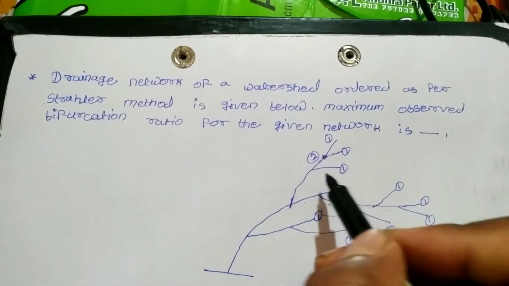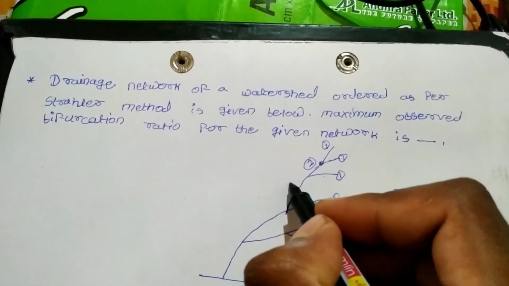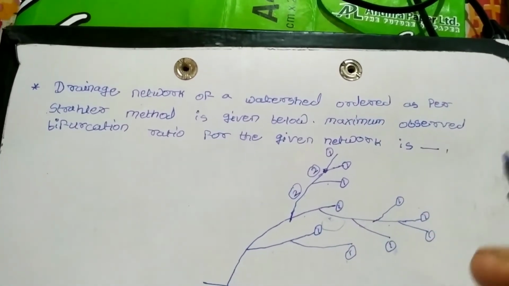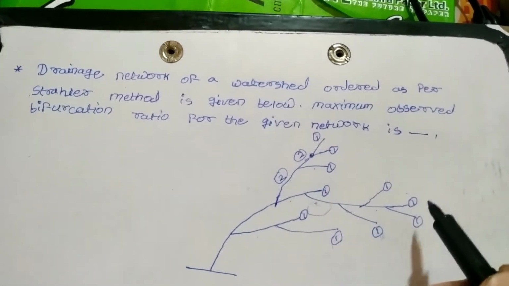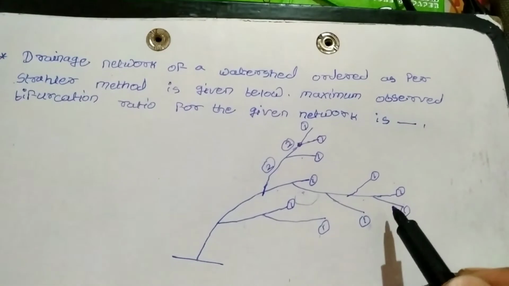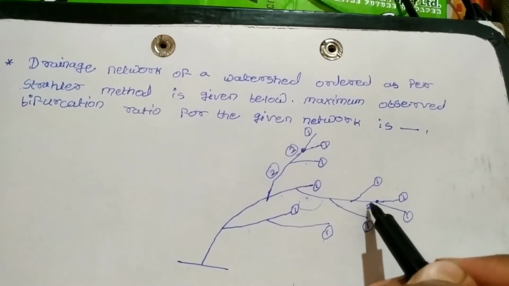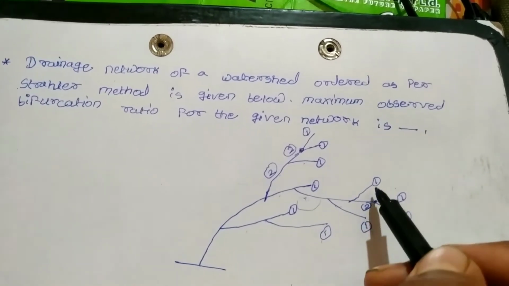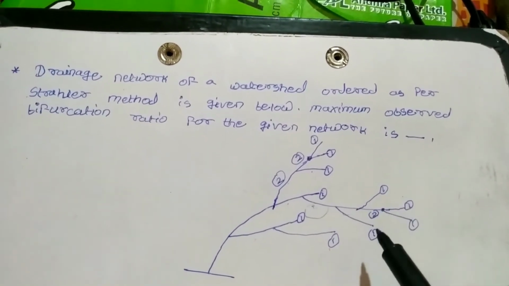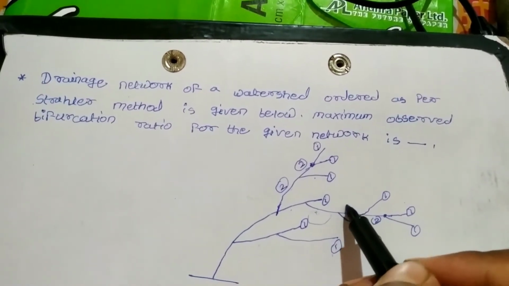So this is 2 and this is 1, so again this is second order. Now this is first order and this is first order, meeting at this point, so it will become second order. This is second order and this is first order, so it also becomes second order.